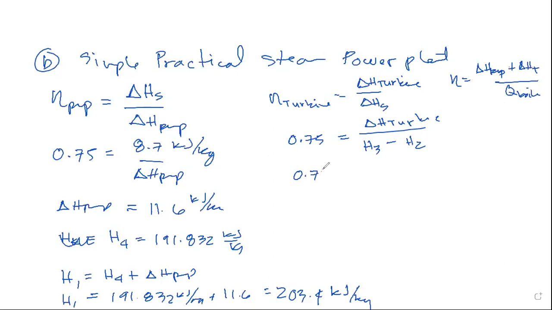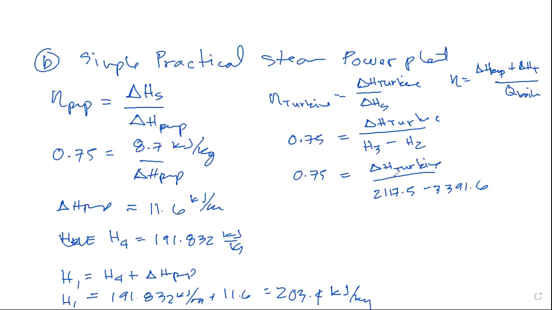Substitute natin isa-isa. Yung galing sa letter A, para makuha natin itong delta H turbine. So H3 is 2117.5 minus H2. Ang H2 natin ay 3391.6. Okay, another way of calculating, para makalculate niyo yung bagong H3, yung delta H turbine, express niyo as H3 prime minus H2.